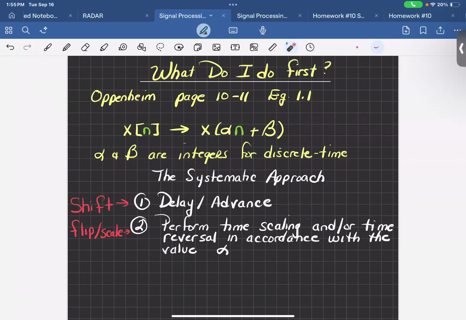We first shift the signal, that means advance or delay, by beta, and then we apply a time reversal and scaling according to alpha. Following this method ensures you always get the correct result when a signal has multiple manipulations.